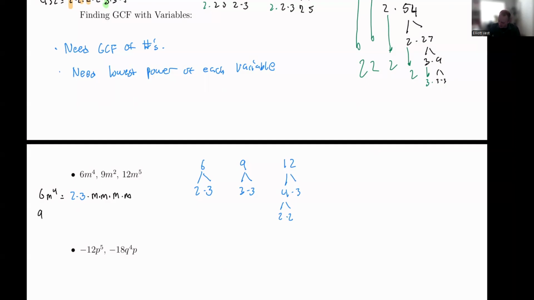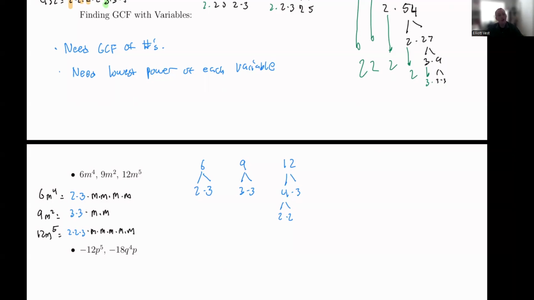What about 9m squared? 9m squared is equal to 3 times 3 times, and then writing it out, m times m. And then lastly, 12m to the fifth is equal to 2 times 2 times 3 times, and then I write 5 m's here. Okay, now let's highlight the things that are matching.